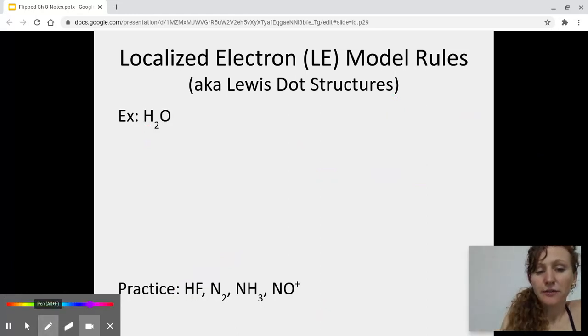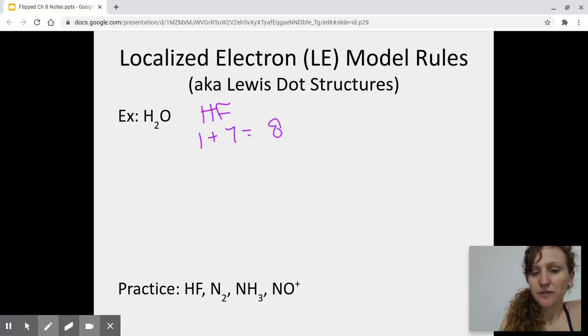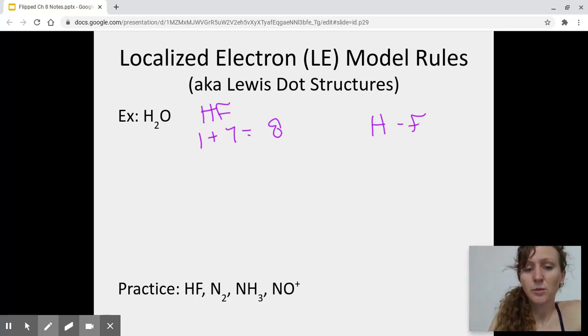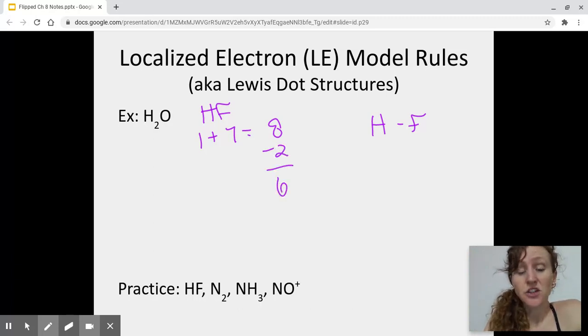All right, HF. I have 1 plus 7. I have a total of 8. Now this one doesn't need a central atom because I only have 2 atoms. So I just connected them to each other with a single bond. I've used up 2 electrons. I have 6 left. Hydrogen, again, doesn't need anything else. The 2 shared electrons in the bond count as the 2 that hydrogen needs.